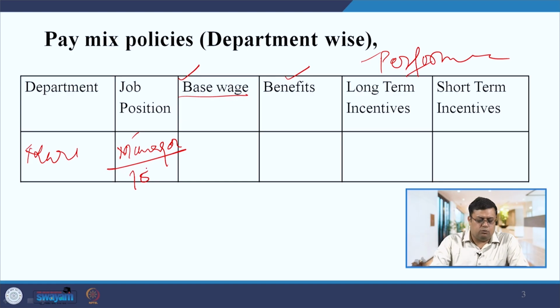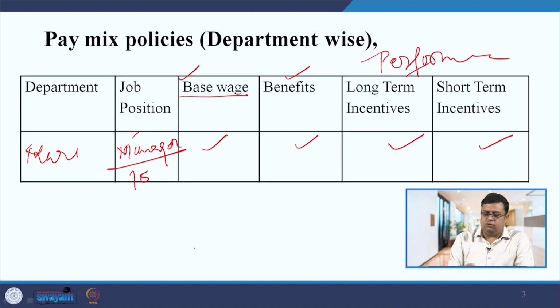What is the base rate for them, how much is the benefit, and how much is the long term and the short term incentives. Now you can make a bar graph or pie chart based on these components to showcase how much each component contributes to the salary.